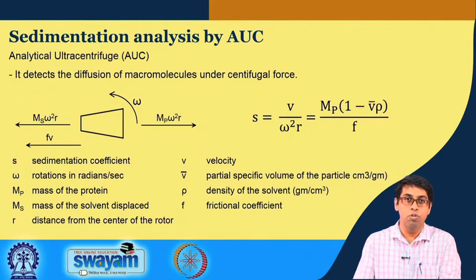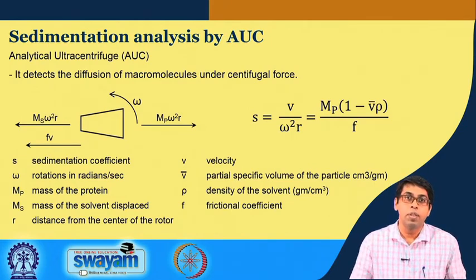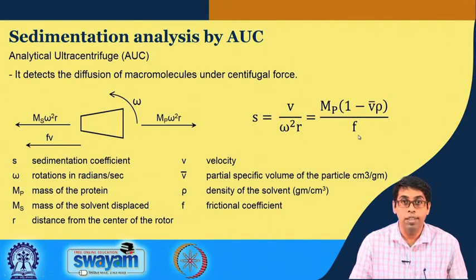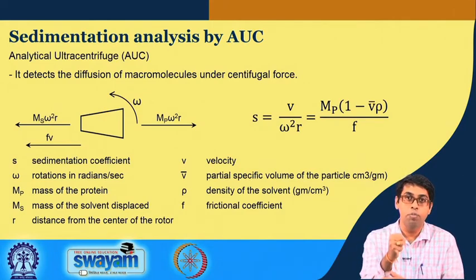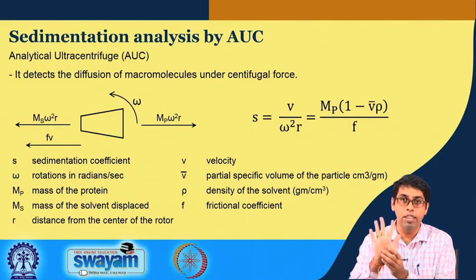So, just a few words on this frictional coefficient, because this is an important parameter which gives us information about the shape and size of our protein. Assume that we have two proteins of exactly the same molecular mass. One protein is like a sphere and the other protein is like a disc.